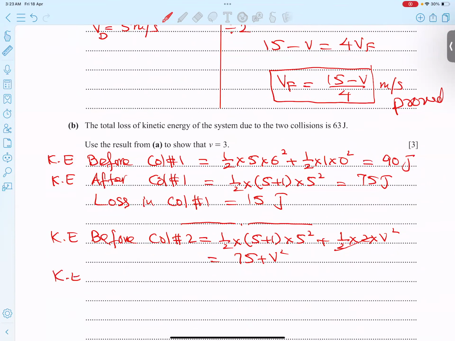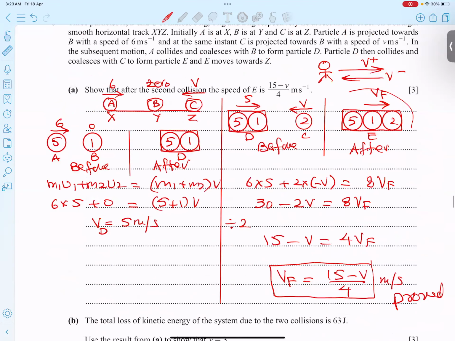Kinetic energy after collision number 2. After collision number 2 is this situation. This becomes one particle. So 5 plus 1, 6, 7, 8. Mass 8, and speed is finally this.